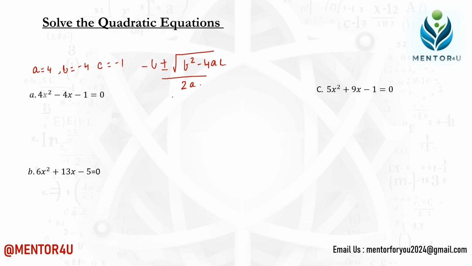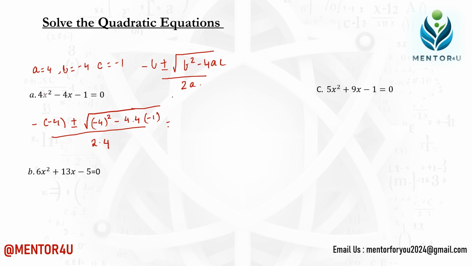So for this quadratic equation, the roots will be minus b. B is minus 4, so minus of minus 4, plus minus root of b square, which is minus 4 whole squared, minus 4 multiplied by a, which is 4, and c, which is minus 1, divided by 2 multiplied by 4, right?